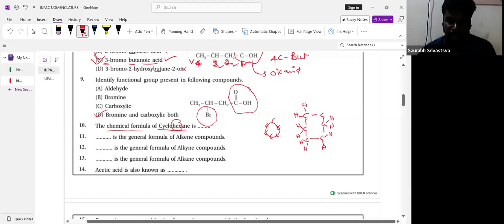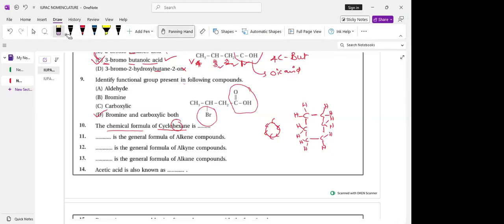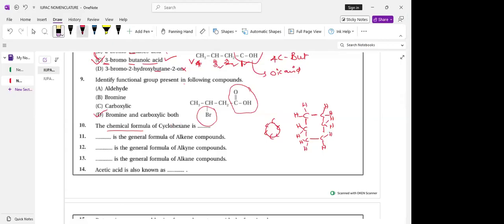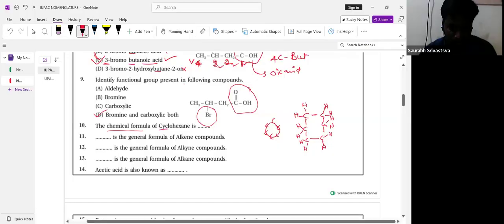Now just count how many carbons and how many hydrogens. 12 hydrogens. 6 carbons. 3 things we need to observe. One is cyclo. Second one is hex. Third one is ane. That means what?